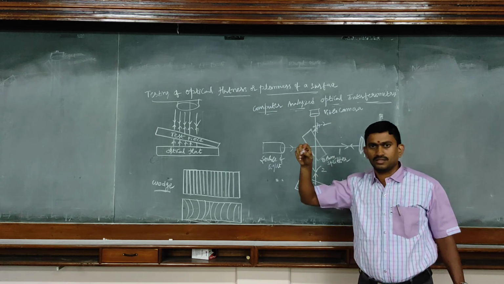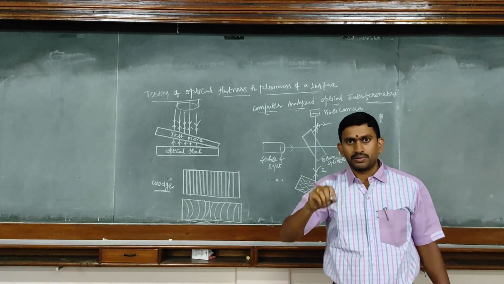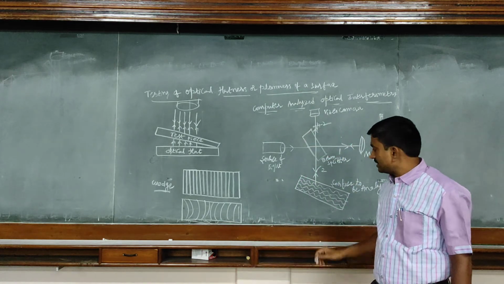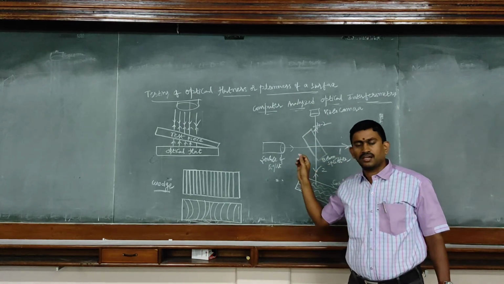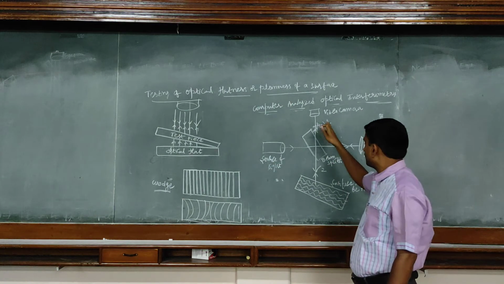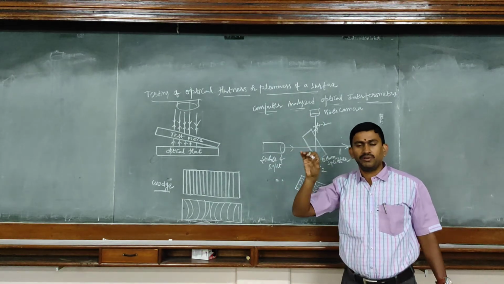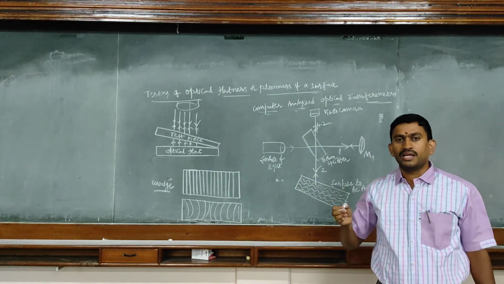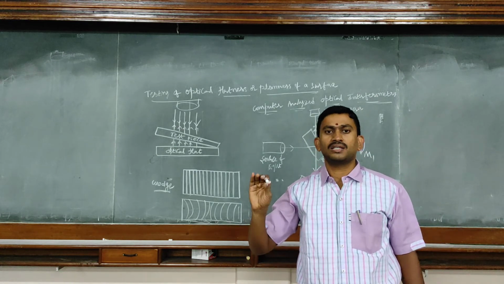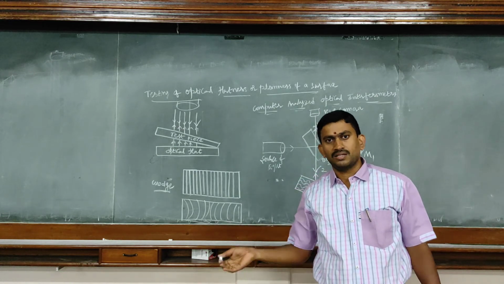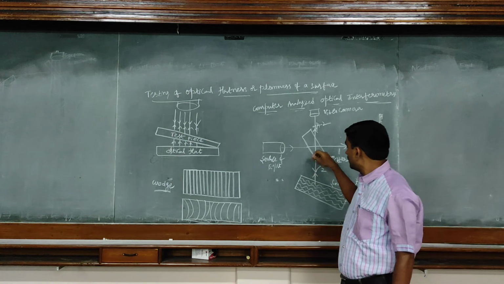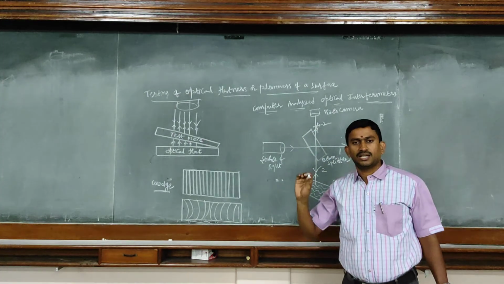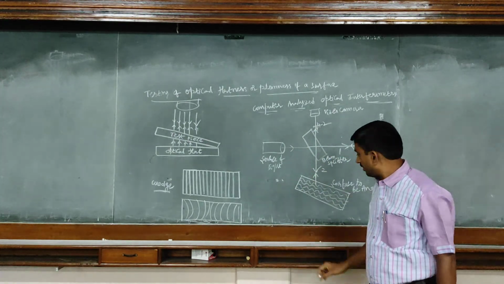In that direction, if we view through a microscope, we can see the interference pattern. Instead of a microscope, we kept a video camera. That video camera records the interference pattern of the resultant wave, or in simple terms, the resultant intensity.